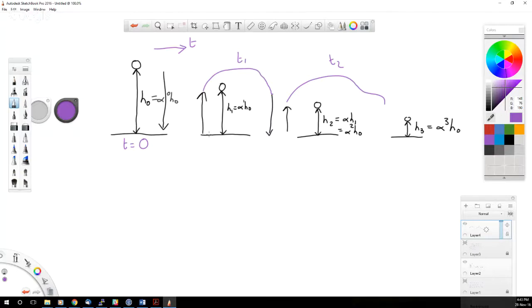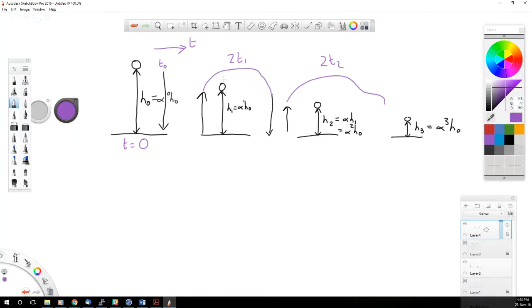Actually, I'm going to call these 2T1 and 2T2, because the time for the ball to go up and the time to fall down the same distance have to be the same, and the same with this bit. And so that means that this first drop is a time that I'm going to label T0, which is going to turn out to be the T0 that we actually want in the question.